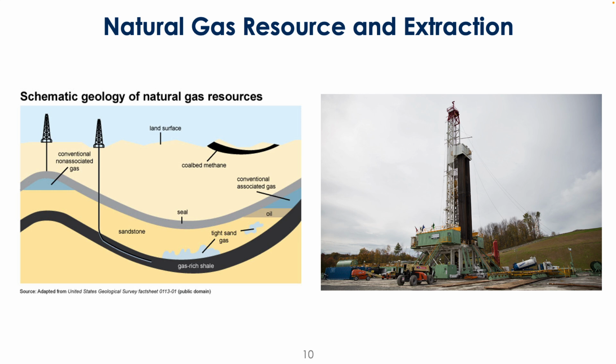In the early to mid 2000s, a new technique for gas extraction was invented by an engineer in Texas. Does anyone know what that is called? Fracking? Yeah, fracking, also known as unconventional gas extraction.